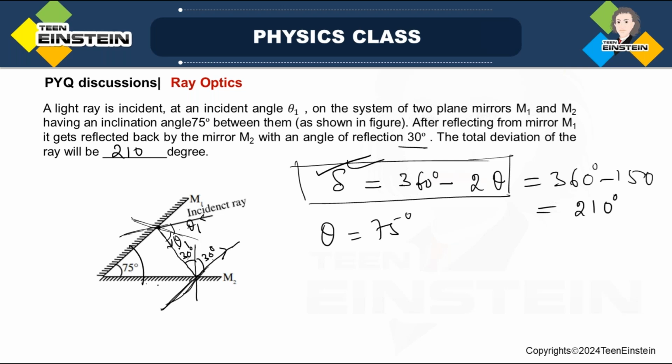When the inclination between the plane mirrors is theta, then the total angle of deviation between the incident ray and the reflected ray is delta equal to 360 degrees minus 2 theta. From there you can find this angle of deviation.